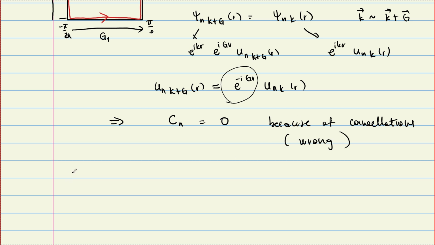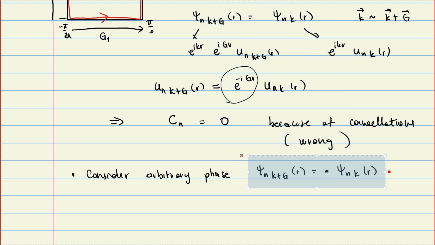The way to fix this is to consider an arbitrary phase. In quantum mechanics, we said the wave function is defined up to a phase, and rather than this condition, as you increase k to k plus g, you come back to not yourself but an overall constant phase, let me write it to be consistent, e^{-iθ}.